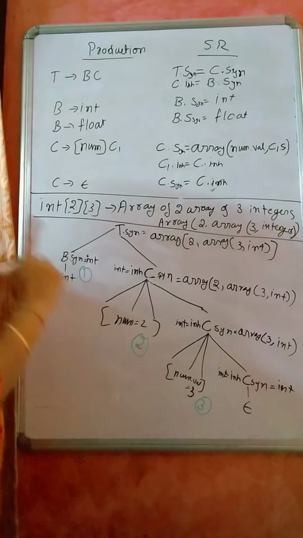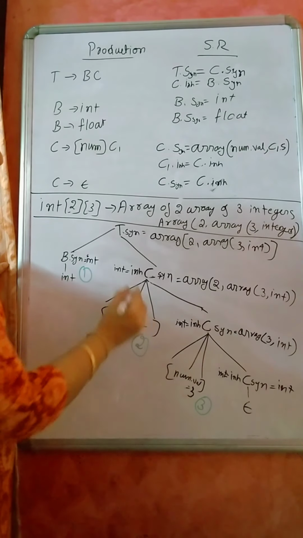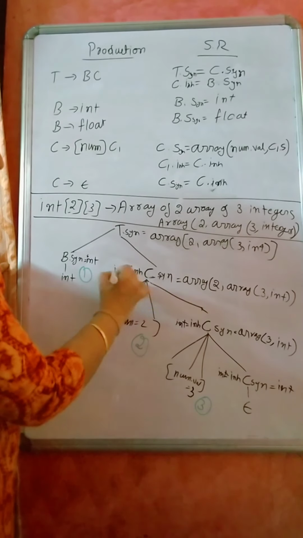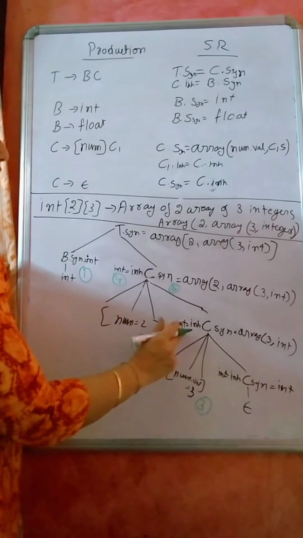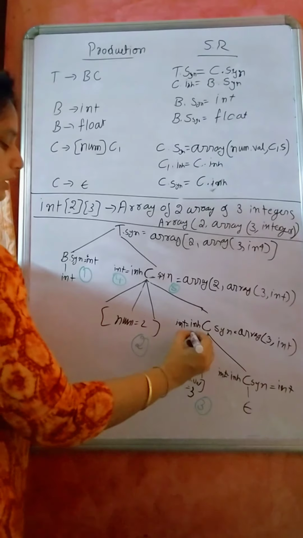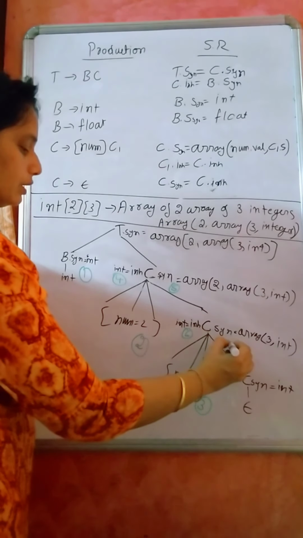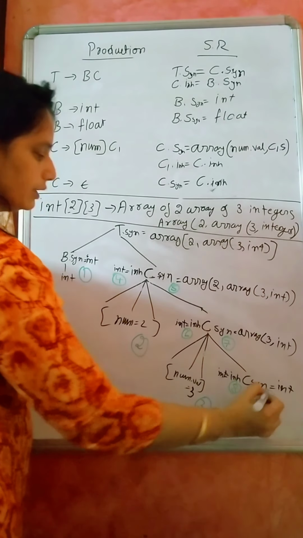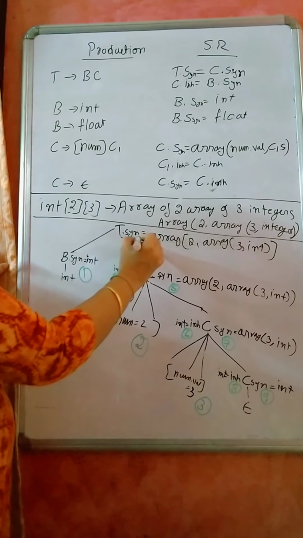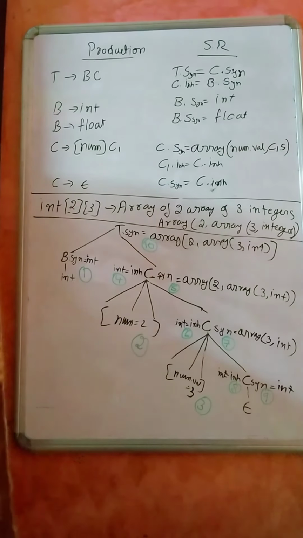So 2 nodes. 1, 2, 3 is over. So it is 4, 5. Again for this 2 nodes because inherited attribute and synthesis. So 6, 7, here also 8, 9. 2 attributes. Then 10, because one attribute is associated with this.